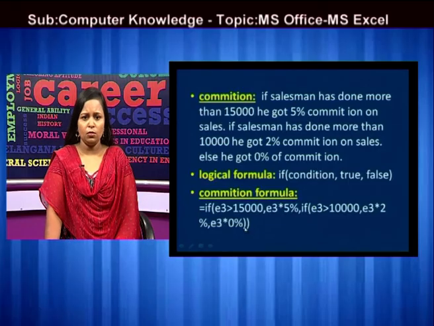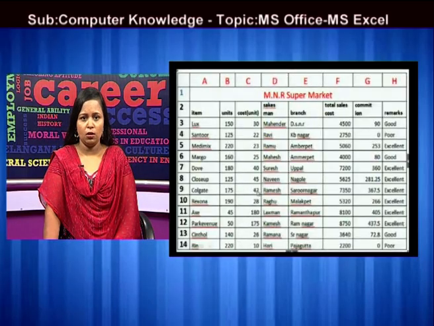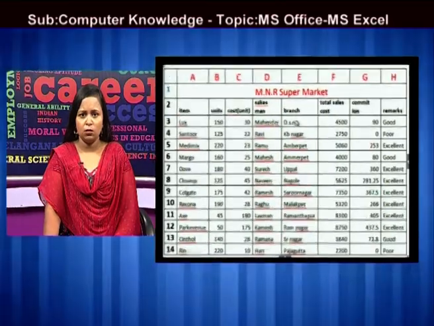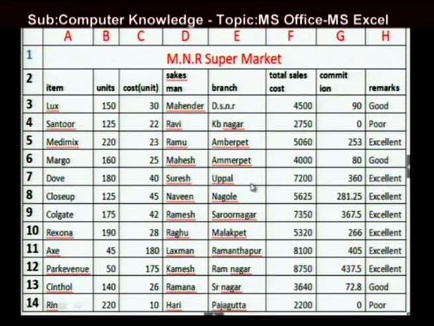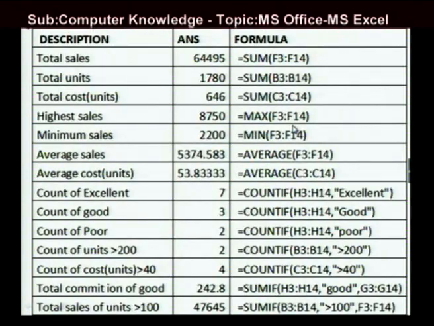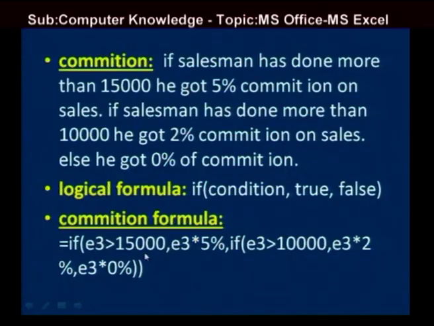So, if E3 is to E3, where E3 is the branch name and F consists of total cost of sales, is greater than 15,000, then it will calculate 5%, and for 10,000 it will calculate only 2%. So, this is the commission formula using an IF condition.